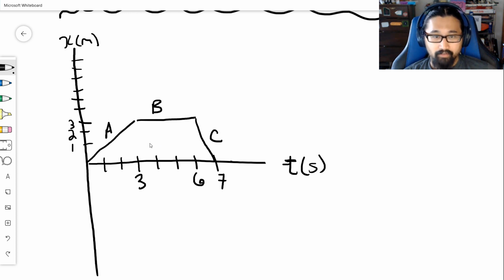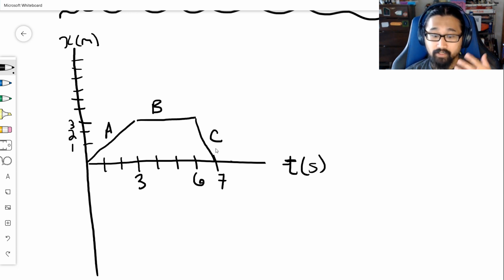From this graph, we also talked about how people said it was fairly clear that C was faster than A. Right? Line segment C happens in a shorter time period, but it's the same amount of distance covered. So whatever this is, it's moving faster at C than it is at A. That makes sense.